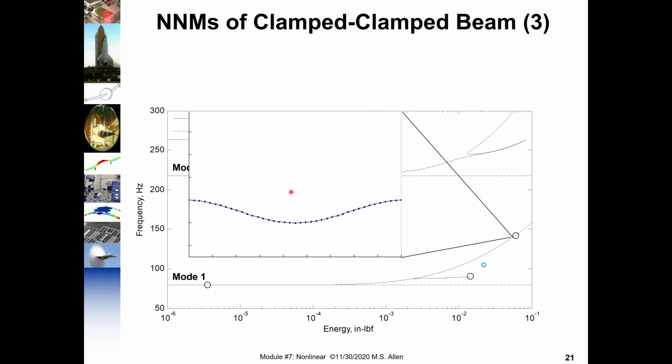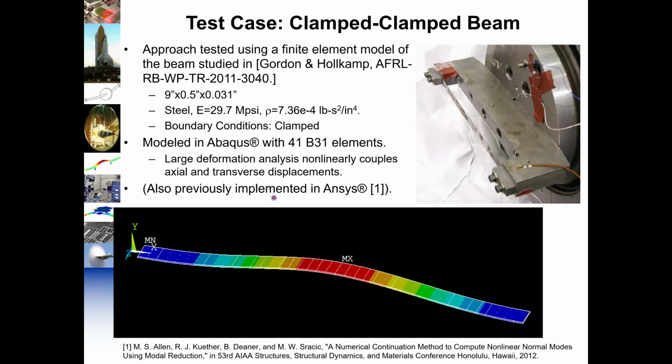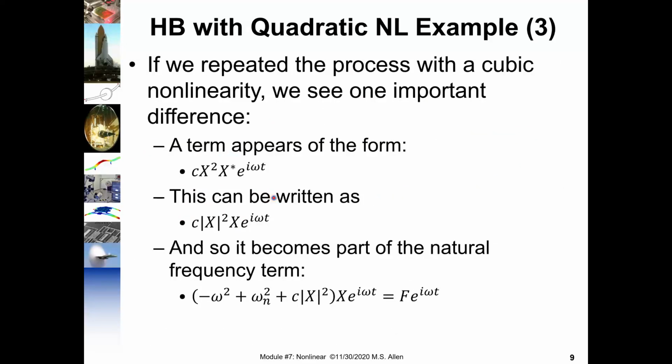Now, the other thing, though, that can happen is that you can get higher modes excited, or coupling between the modes, and this is called an internal resonance. And that, again, comes about due to these terms on the right-hand side of the equation. So let's just look back really quickly and remember.